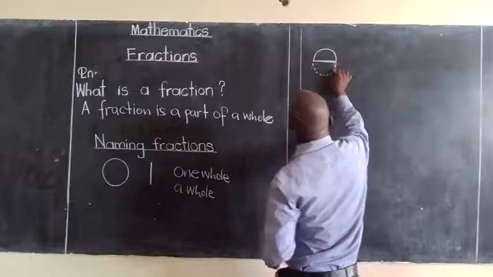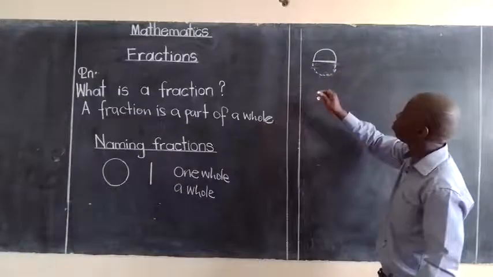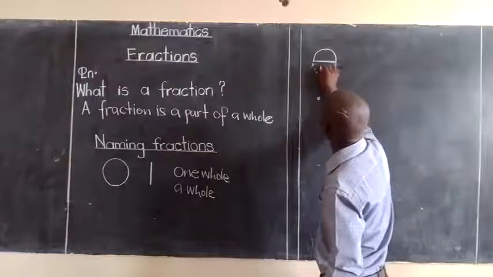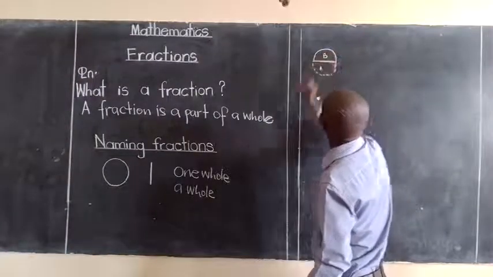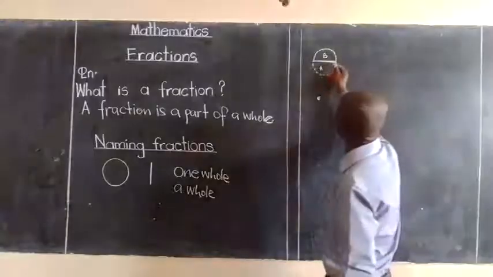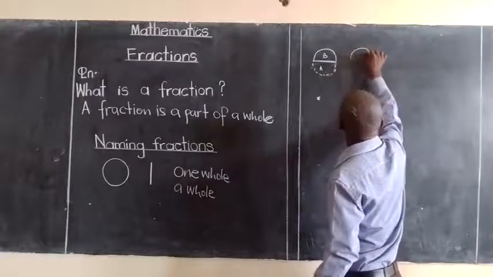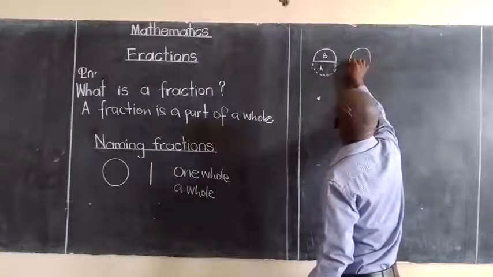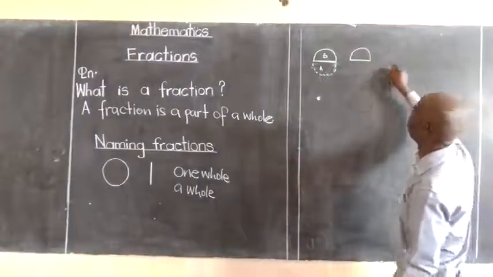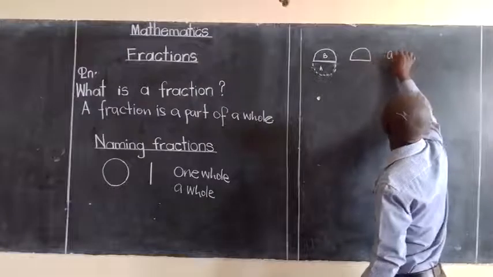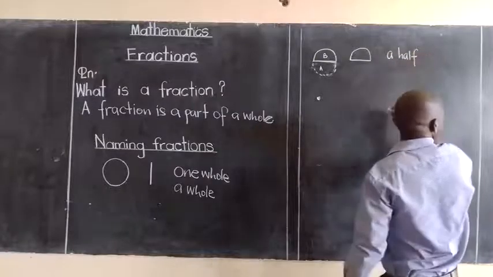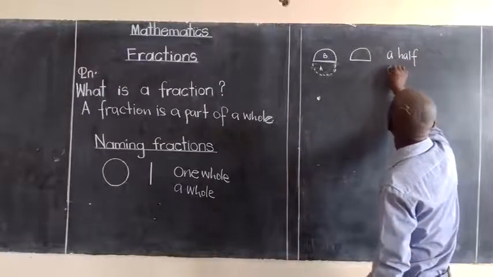A whole has been cut into two pieces. We have part A and part B. So when we take part B alone, then we call this one a half, or 1/2.